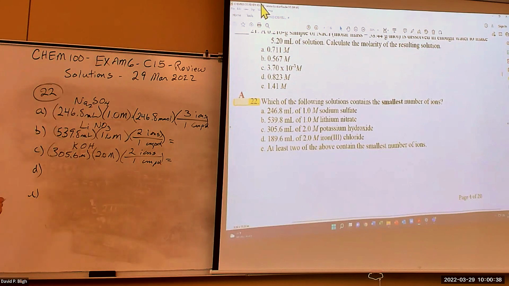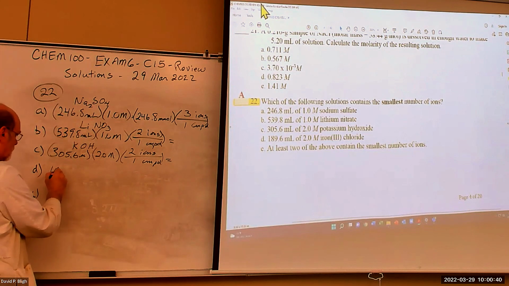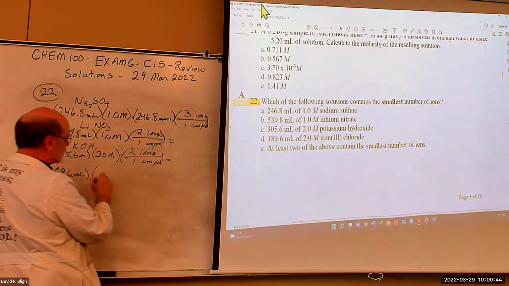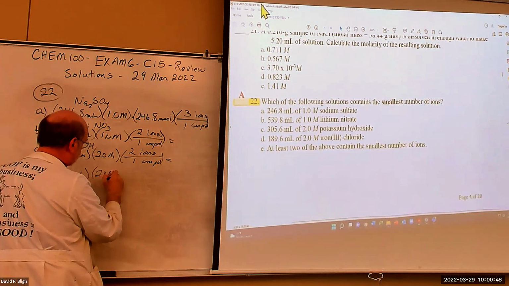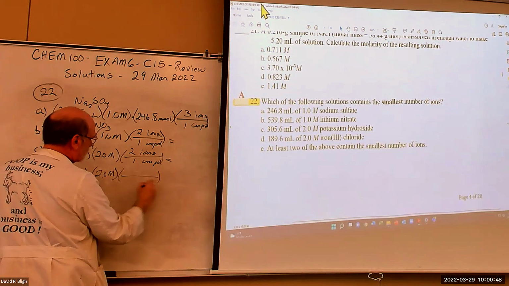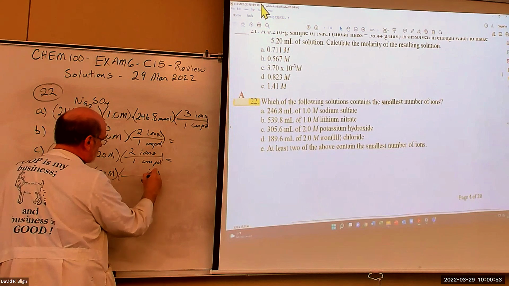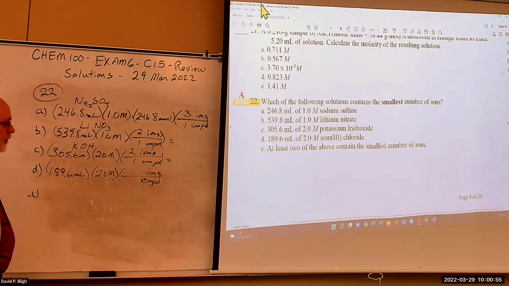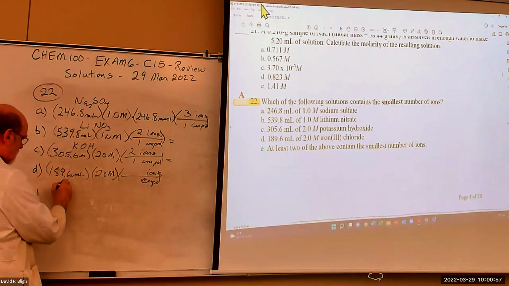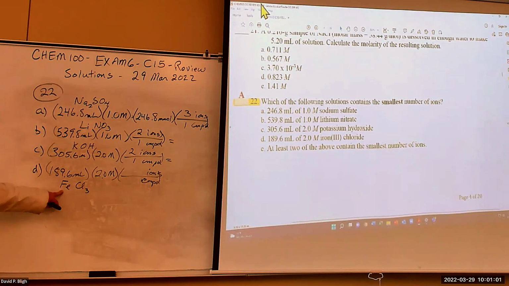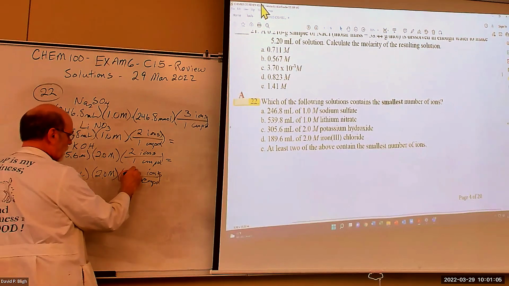And then D is 189.6, and it's also 2 molar. And then we can convert that to ions. Iron 3 chloride. 3 plus, 1 minus, we need 3 of those. So that makes 4.